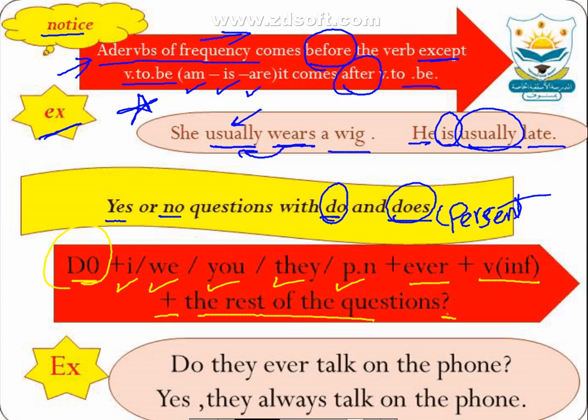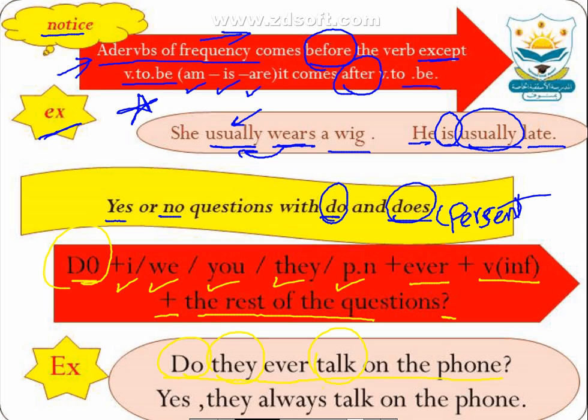And we put a question mark. For example, do they ever talk on the phone? Here do, because the subject is they and the verb is infinitive.